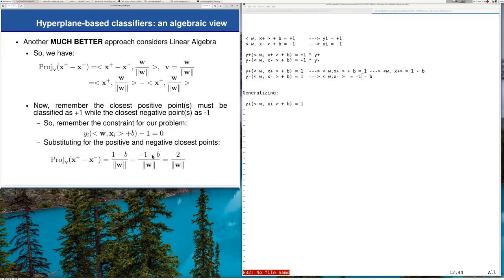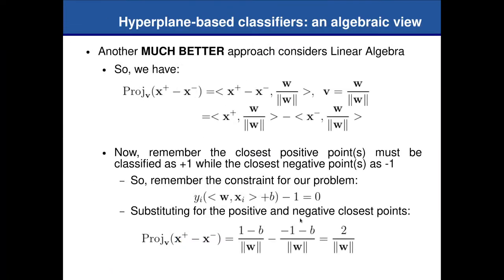I'm going to increase the size. So 1 minus b, coming from the restriction in terms of the positive elements, and minus 1 minus b coming from the negative restriction. Of course, there is a negative sign here, it is maintained. So I will have 1 minus b minus minus 1.